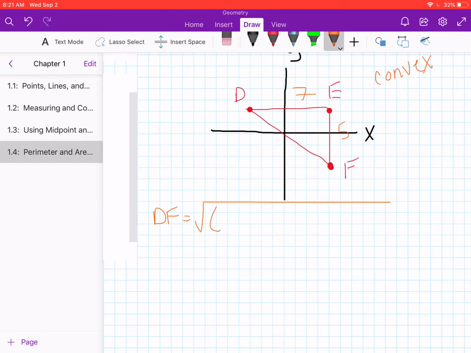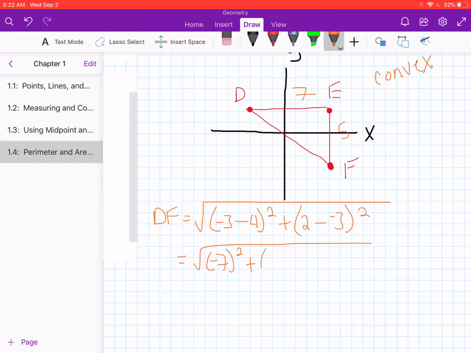So x2 is -3, minus x1 is going to be 4, plus y2 is going to be 2, minus -3, squared. So -3 minus 4 is -7 squared, plus -2 minus -3 is 5 squared.